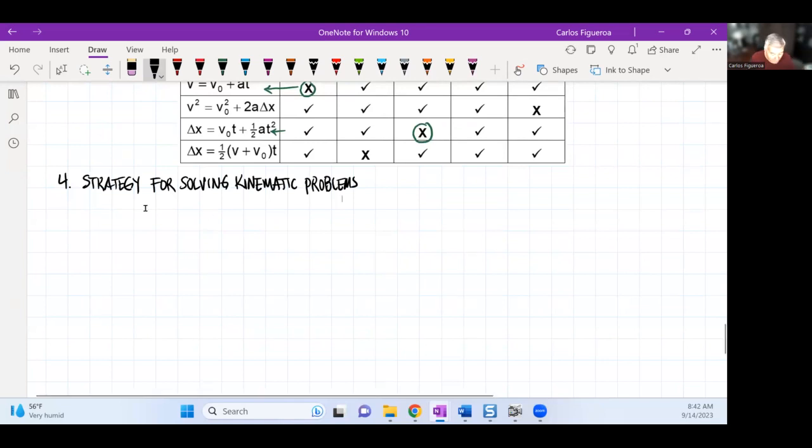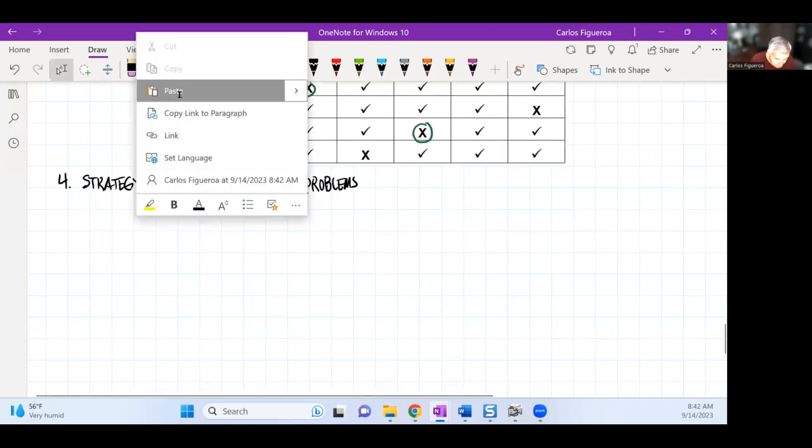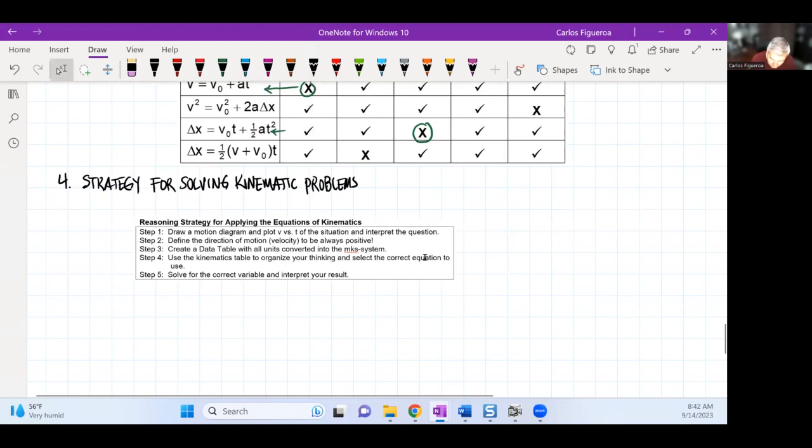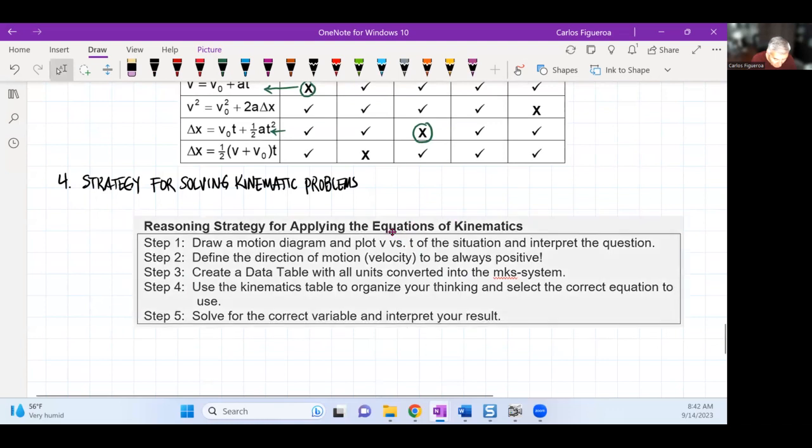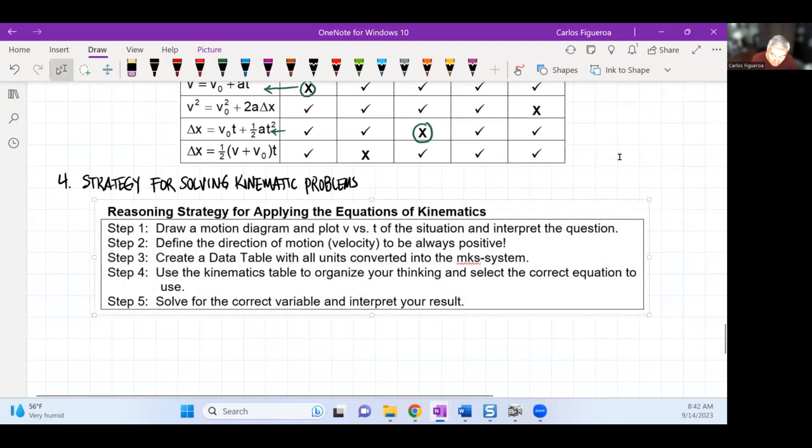Okay, and here it is. And it reads like this. So I wrote this in steps. Over time, sometimes these steps are not useful. It depends on how you operate.